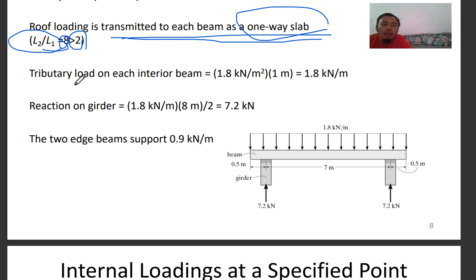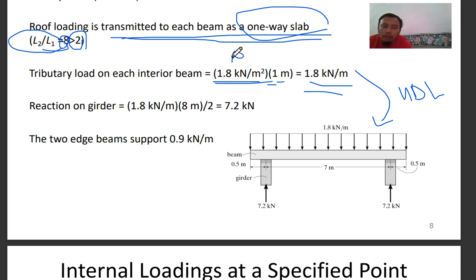The tributary load on each interior beam is 1.8 kilonewton per meter squared times 1 meter, we get 1.8 kilonewton per meter. So this is your UDL, uniformly distributed loading. As the spacing is 1 meter, and the roof weight is 1.8 kilonewton per meter squared times 1 meter spacing, you get 1.8 kilonewton per meter.